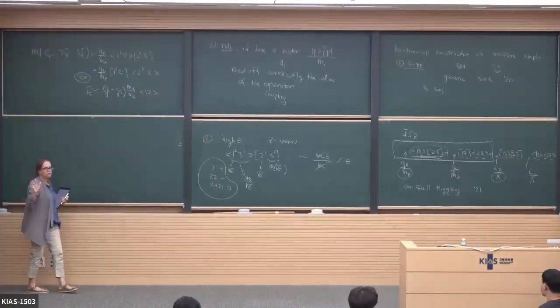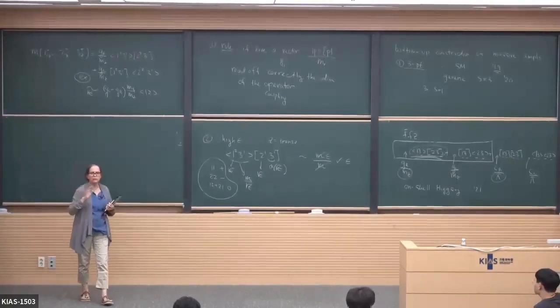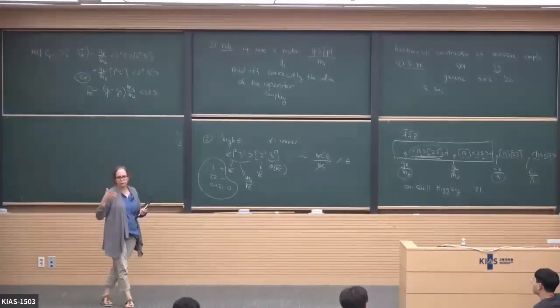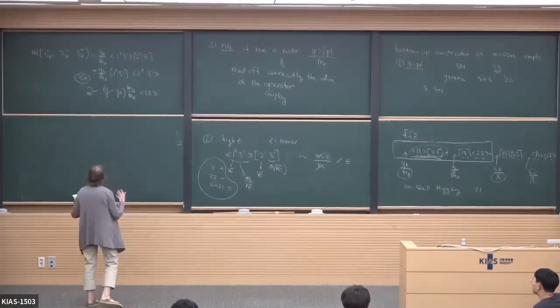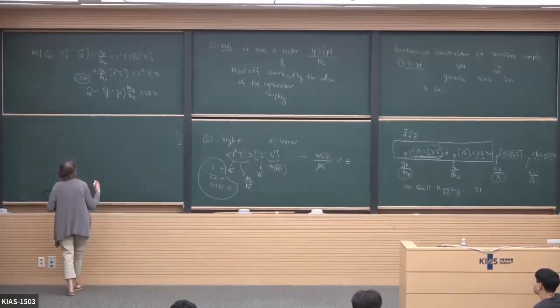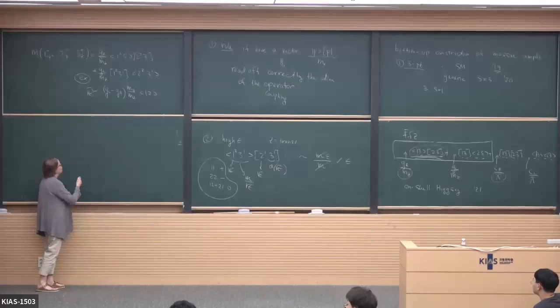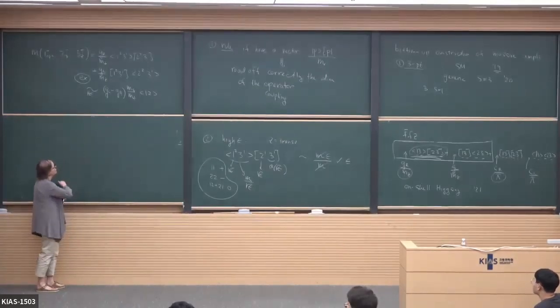And remember, I'm a bottom-up person. I don't know anything about Lagrangians or Higgs mechanism or whatever. So I just look at this thing very naively. And I can ask the question, how do I take the high energy limit?